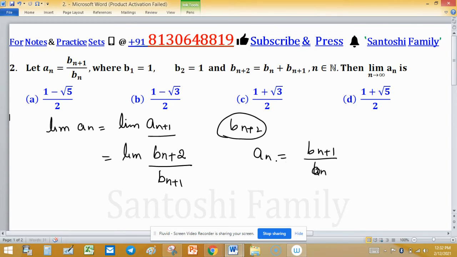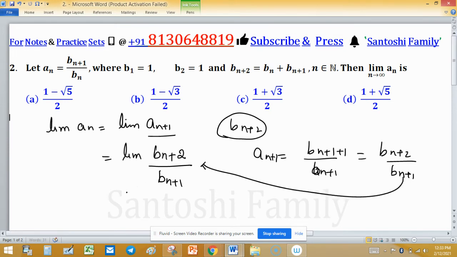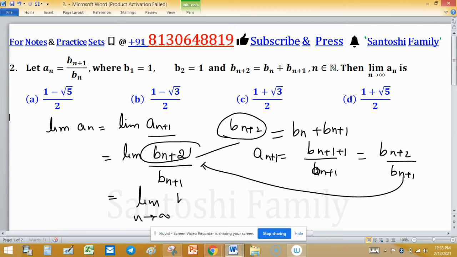If n is replaced by n plus 1, then plus 1 here and plus 1 here, we obtain b_(n+2) divided by b_(n+1). So I use this one, and b_(n+2) is given to us as b_n plus b_(n+1).